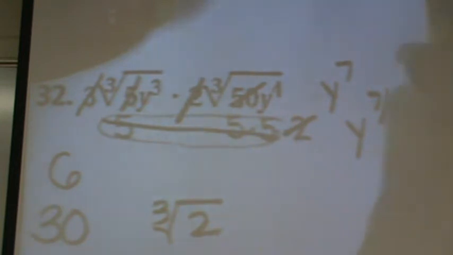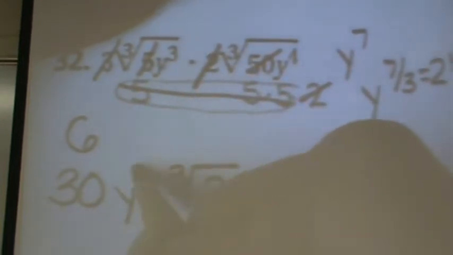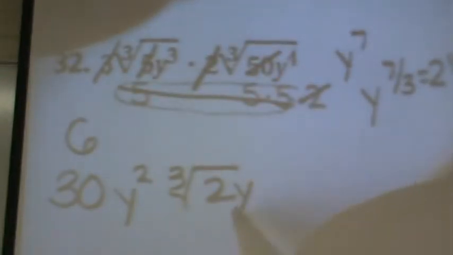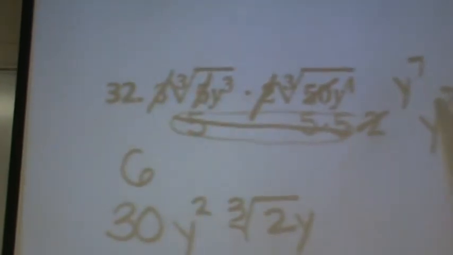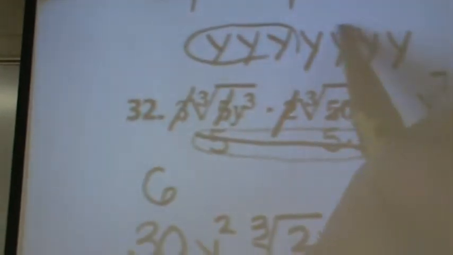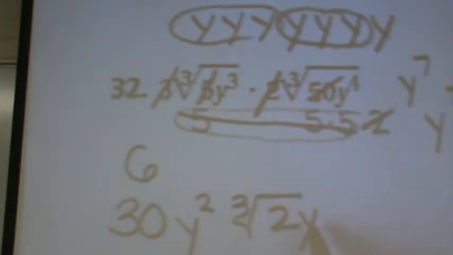So we have 2 sets. So it would be y squared with 1 left. Or you could think of it as you have 7, 1, 2, 3, 4, 5, 6, 7. If you have y to the 7th, there's 7 y's lined up. You got 2 sets with 1, so that's where y squared comes from, and 1 remaining.